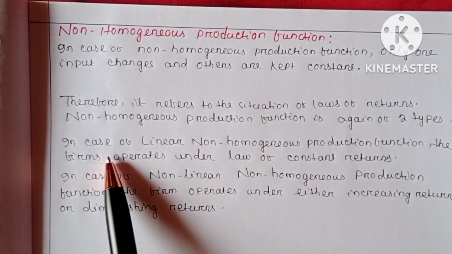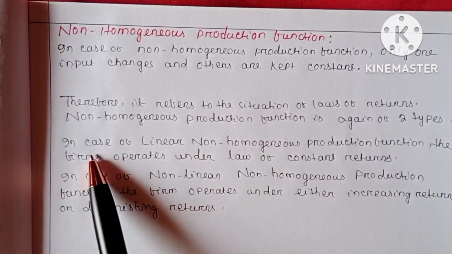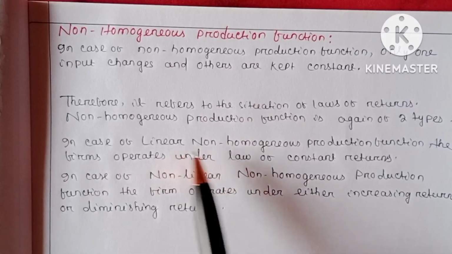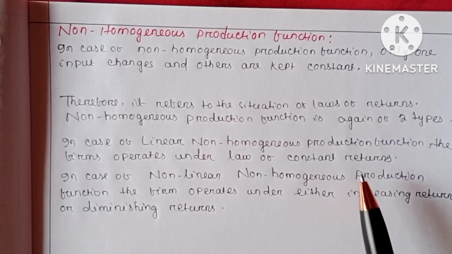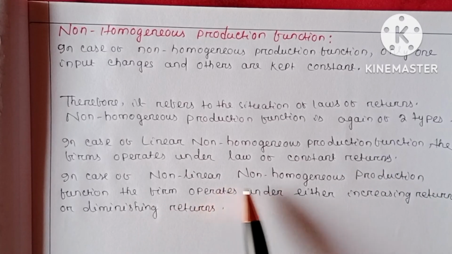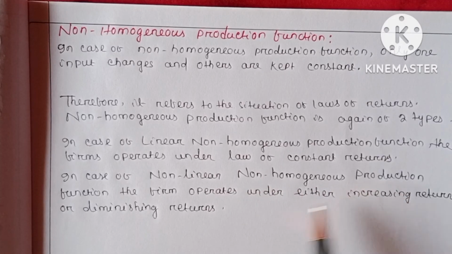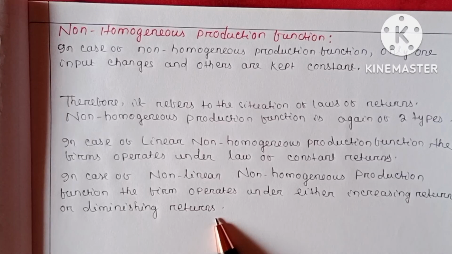In the case of a linear non-homogeneous production function, the firm operates under the law of constant returns. In the case of a non-linear non-homogeneous production function, the firm operates under either increasing returns or diminishing returns.